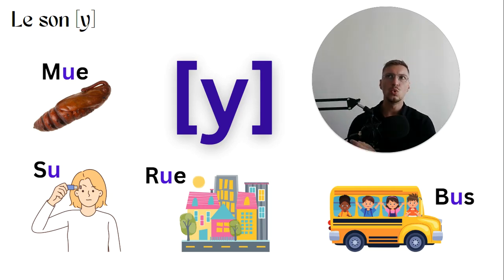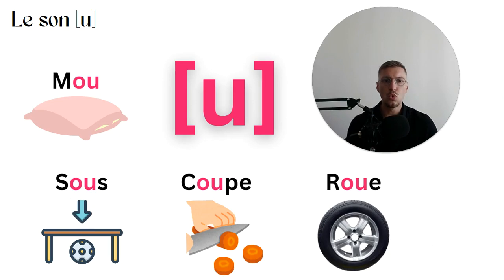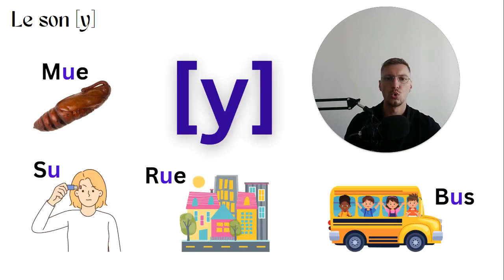Okay? If you try to move from I to U, look at my mouth. Can you see the difference? No, right? There is no difference on my mouth. What moves is my tongue.